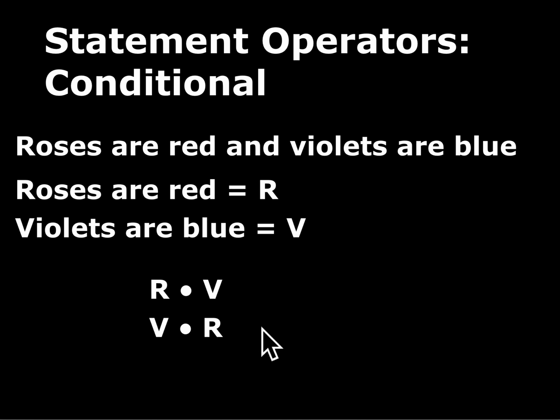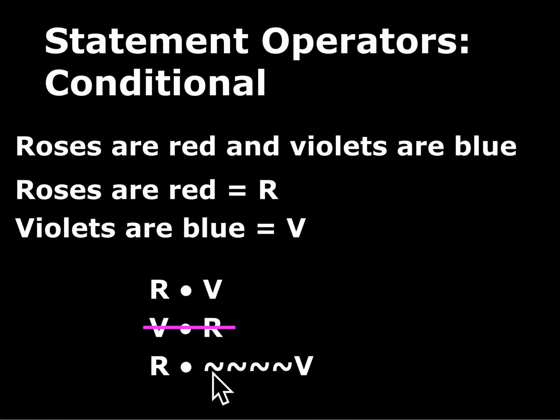Violets are blue and roses are red. They mean the same thing. That's true. But it's still the case that if we're just translating the English, this is the correct translation because the English had R as the first conjunct and V as the second conjunct. So if we're going to translate them, we should translate it that way. Not because it's a change of meaning, but just because that's how the original English was. So we're not going to do it that way.